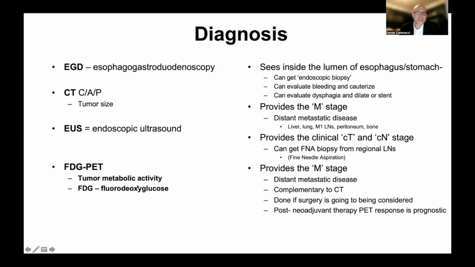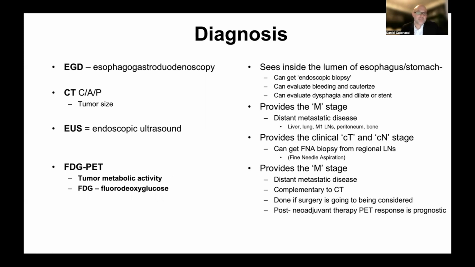The way it works is, as opposed to the scan looking at the sizes of the masses and actually measuring them on the scan, or looking at the thickness of, say, the GI tract, like the esophagus and stomach, the FDG PET basically infuses a radio-labeled sugar, glucose is sugar, that goes through your body. And anything that's using that sugar at a faster rate than normal or than other things will light up.